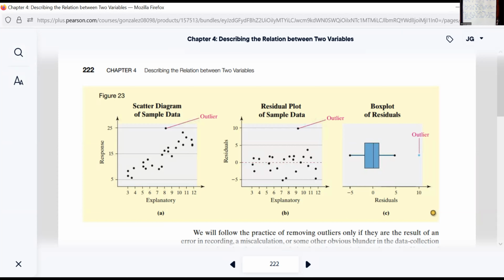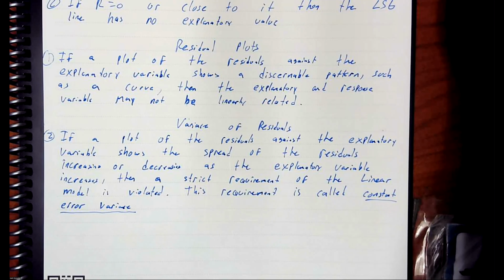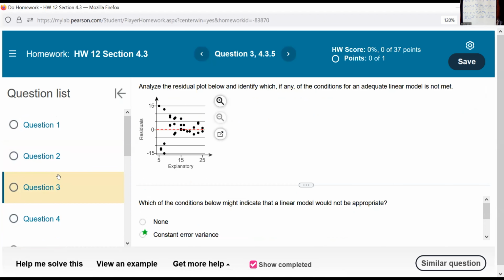Anyway, so start 4.3, please. Technically, there's an auto extension, but since we just talked about it, I'll probably move it a little bit.